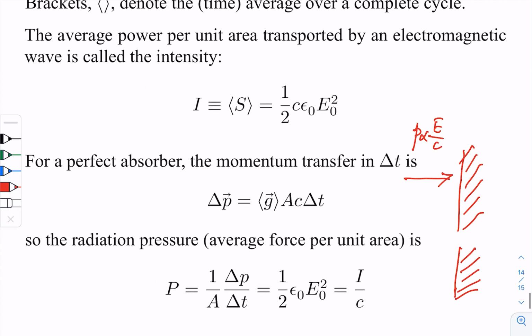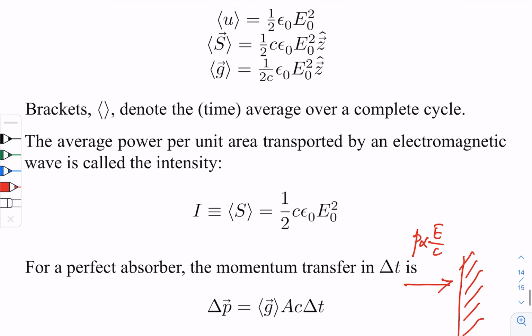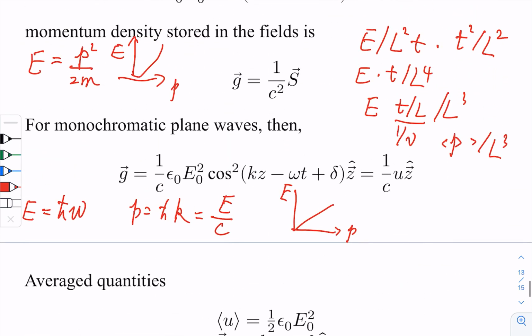and then the total amount of the momentum transferred can be given by delta p. I'm not going to derive why that's the number, but I'm also trying to check if the dimension of this quantity makes sense. So let's see. The G is in units of momentum per length cubed.